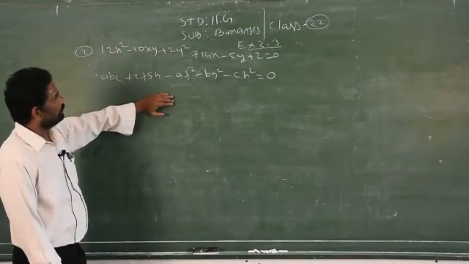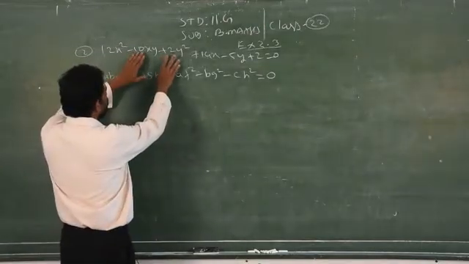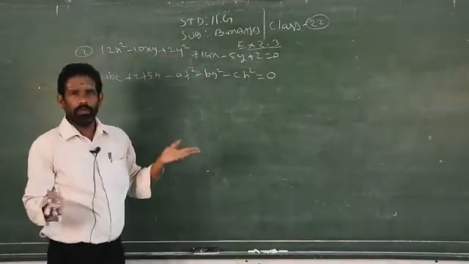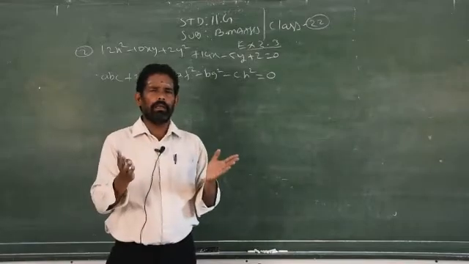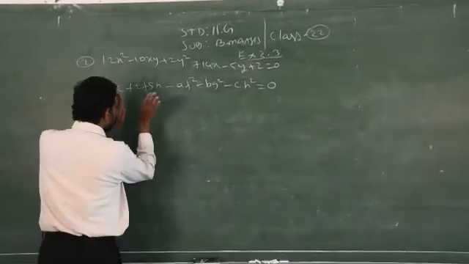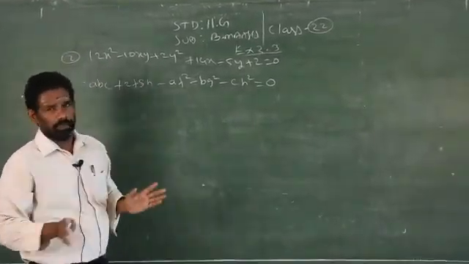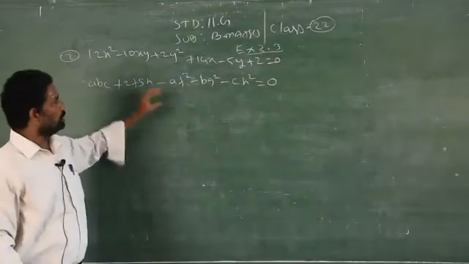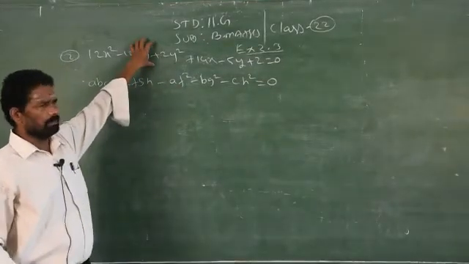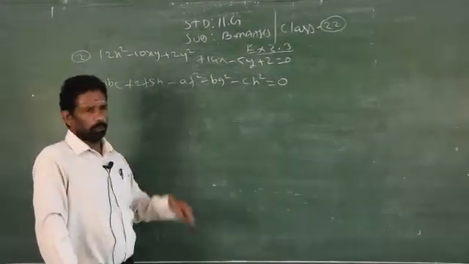After proving that, you are asked to find the separate equations. I told you already, this equation is a combination of two straight lines. The two straight lines may be parallel or perpendicular, it doesn't matter. But first you have to verify whether the given equation represents a pair of straight lines or not. Once you prove it, only then will you go on to find the separate equations.